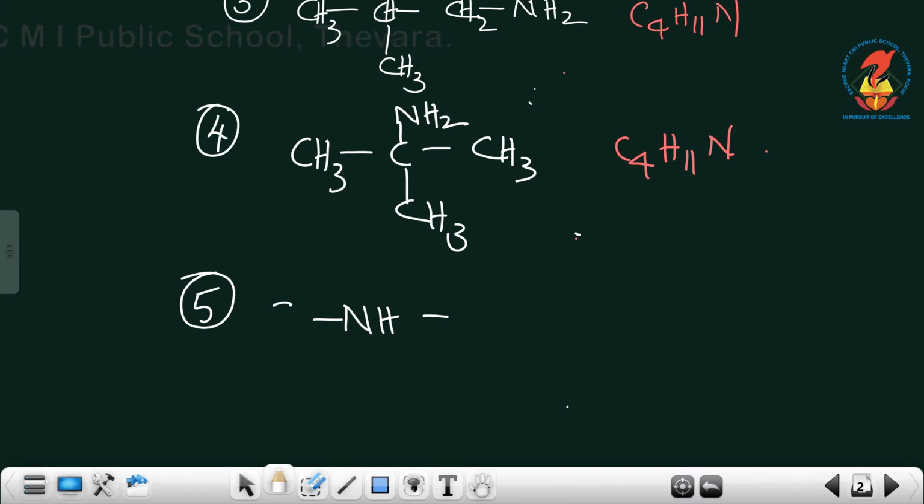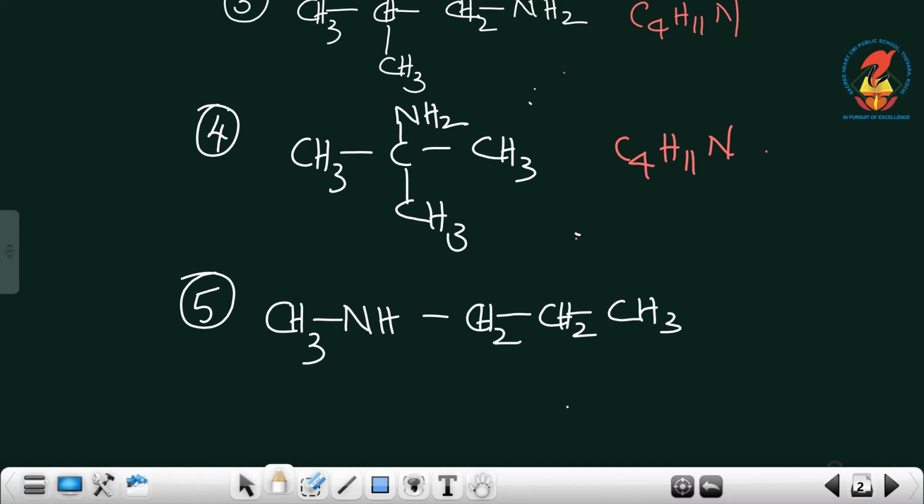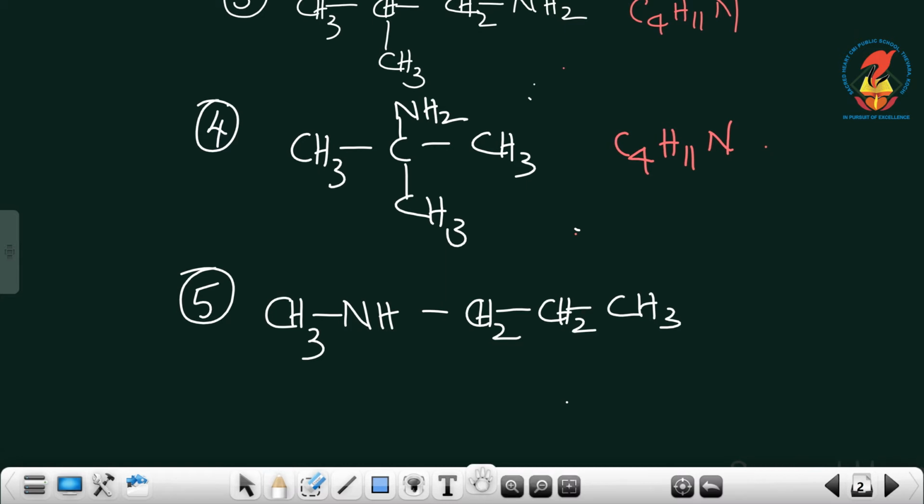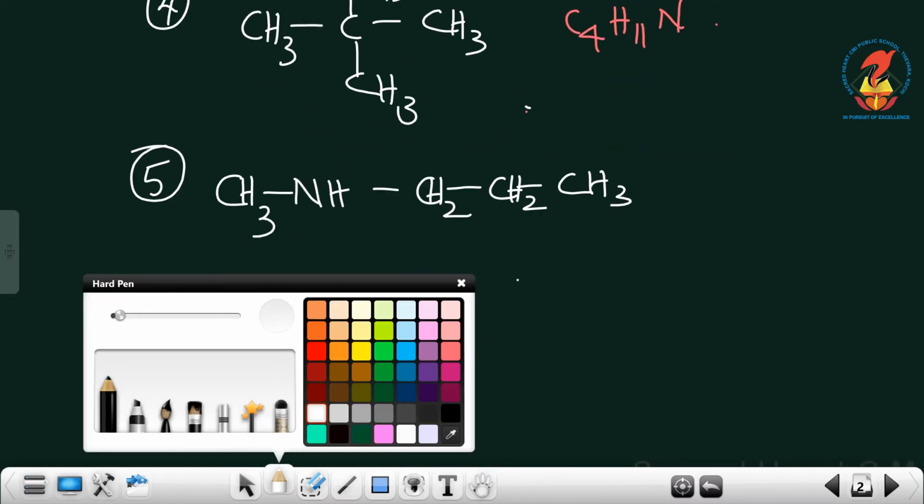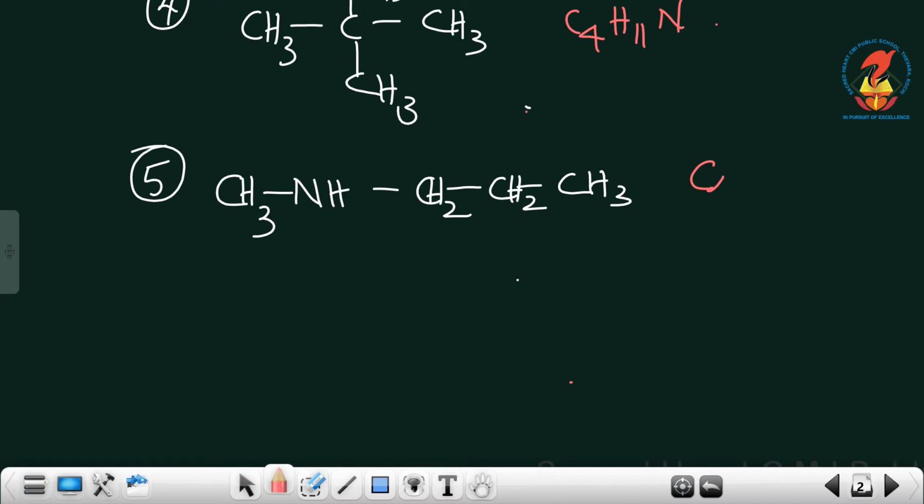We can give 1 carbon on one side and 3 carbon on the other side. So it will be CH3, NH, CH2, CH2, CH3. Again the molecular formula will be the same, C4H11N.